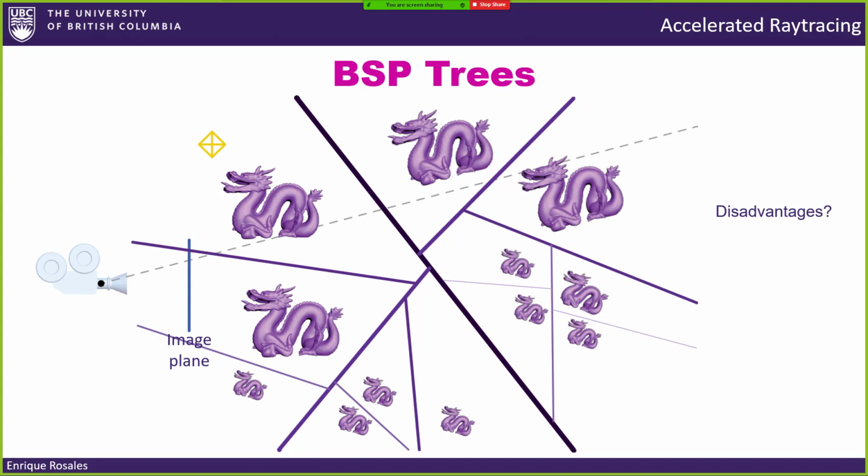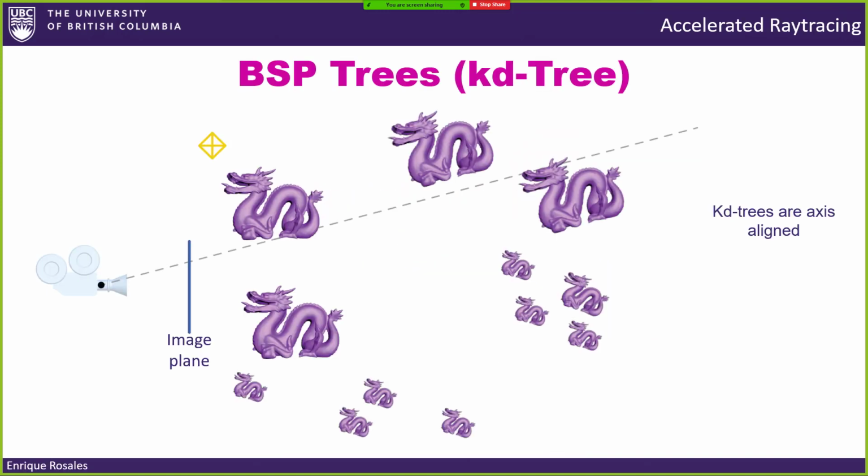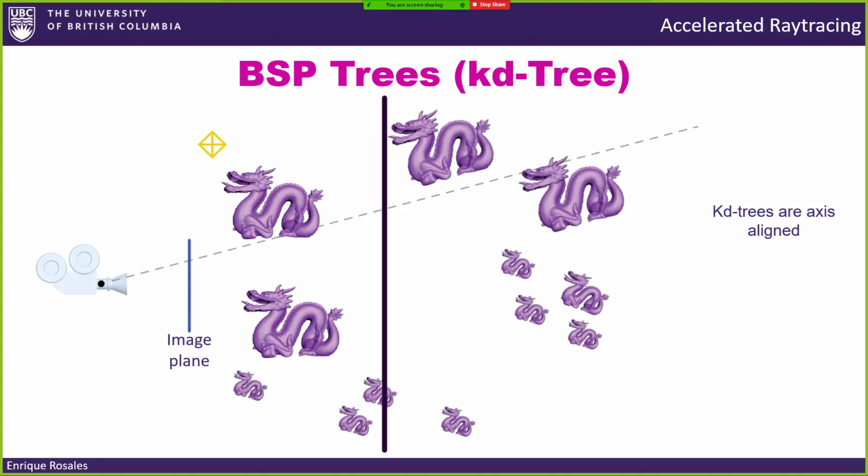And someone is asking, what about purely orthogonal planes? Very good. My lecture presentation is almost in the same order in which you will think about the answers. So yes, that is actually another type of BSP tree called KD trees. In this case, it's exactly the same idea, but the planes are axis aligned.